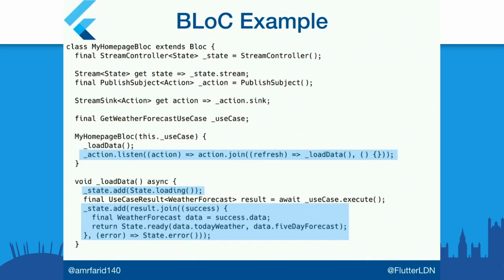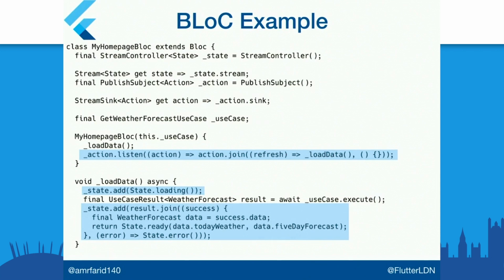And basically, every time I receive a refresh action, I'll call load data. And then load data basically pushes out a state. First of all, that's loading. It goes in to execute the use case, and then does a join on the result. And since we are returning a value, we're interested in what is the state type. So it's either an error, if I receive an error from the use case, or ready, if I receive a success from the use case.